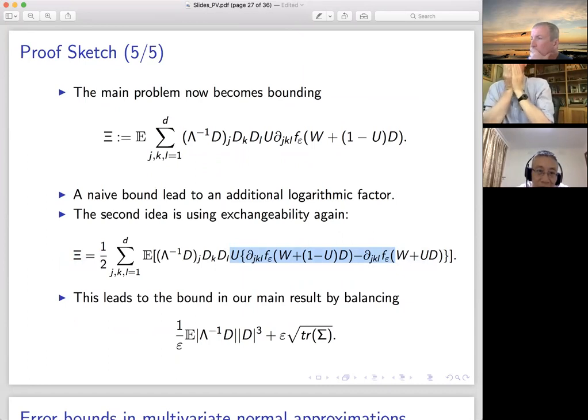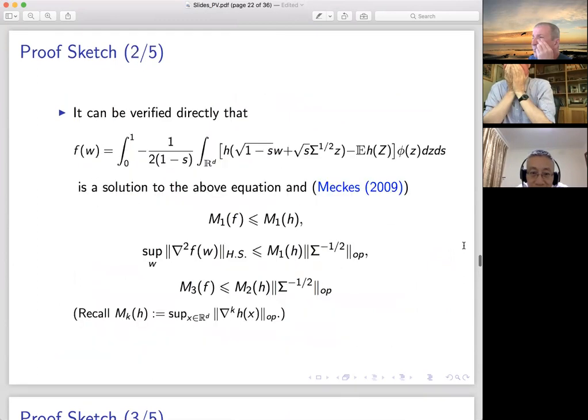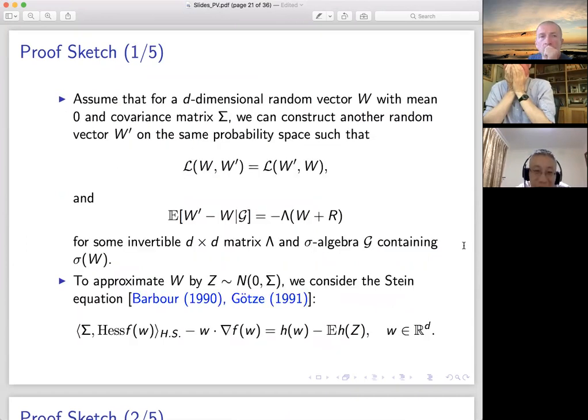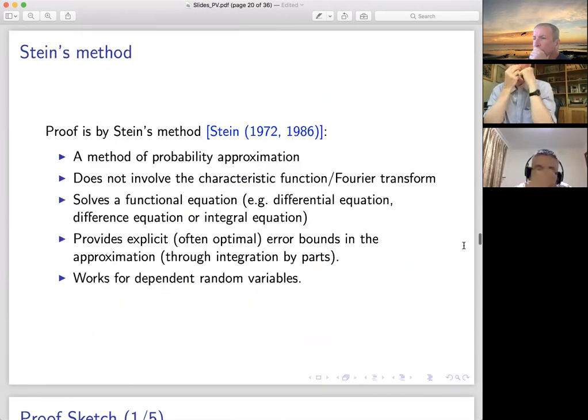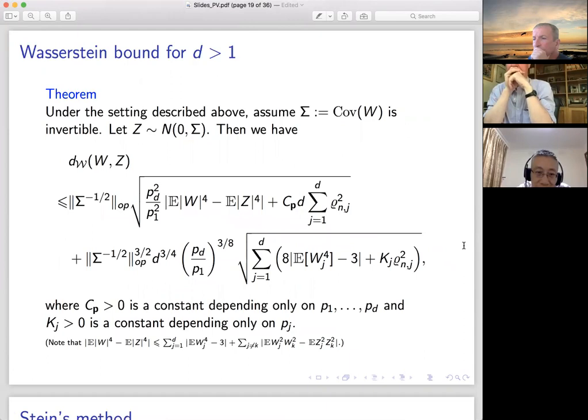Nathan, could you please repeat your question? What can you say if you don't know if sigma, the covariance matrix, is invertible? That's a good question. Our result relies crucially on the invertibility of sigma because we want to do the integration by parts. If sigma is not invertible, probably you have to do something before applying our result.